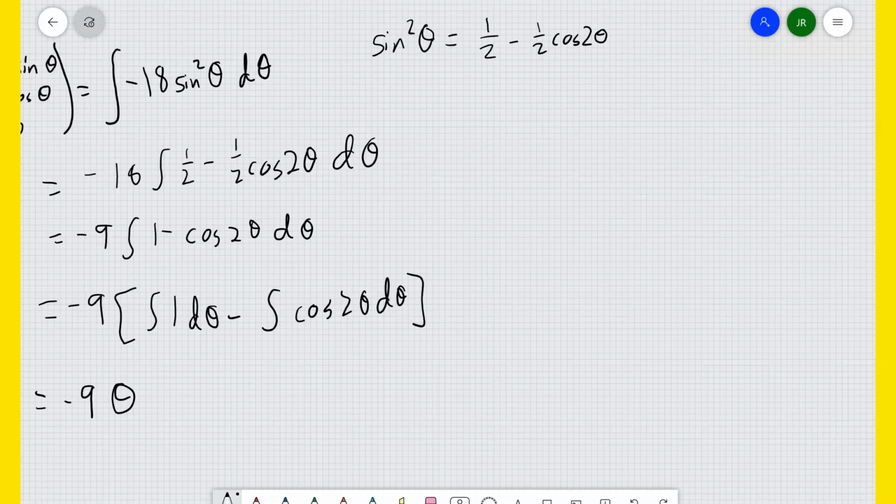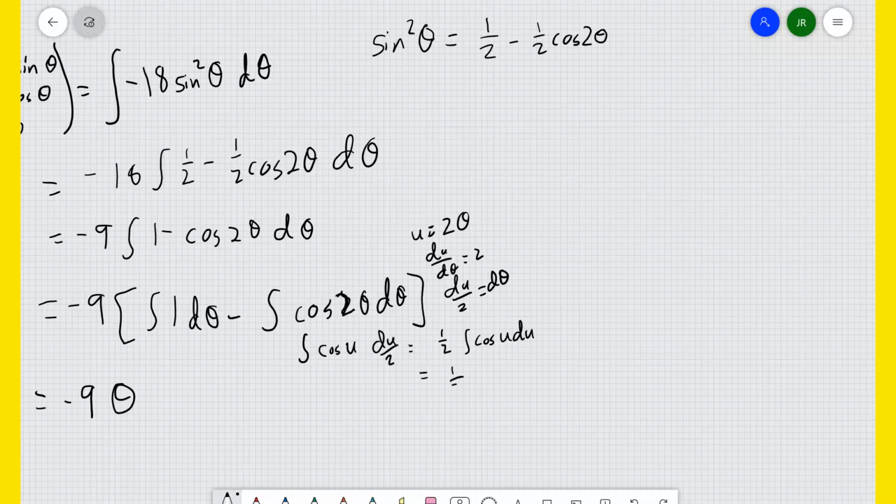This one's going to take even more integration tricks, like U substitution. So if I let u equal 2 theta, then du d theta equals 2. So du over 2 equals d theta. And so this becomes the integral of cosine of u du over 2. So it's 1/2 integral of cosine of u du, which is 1/2.